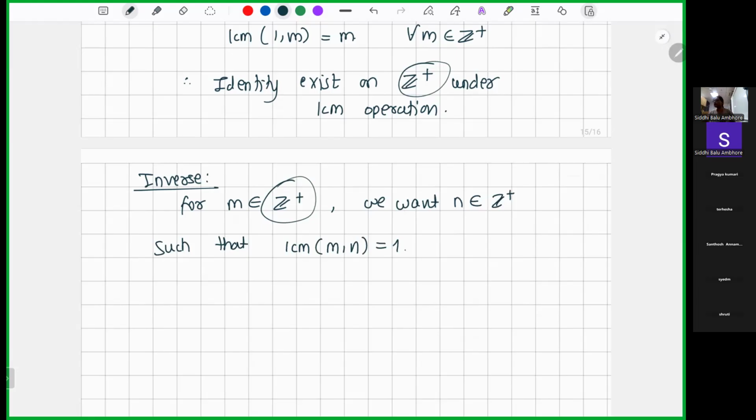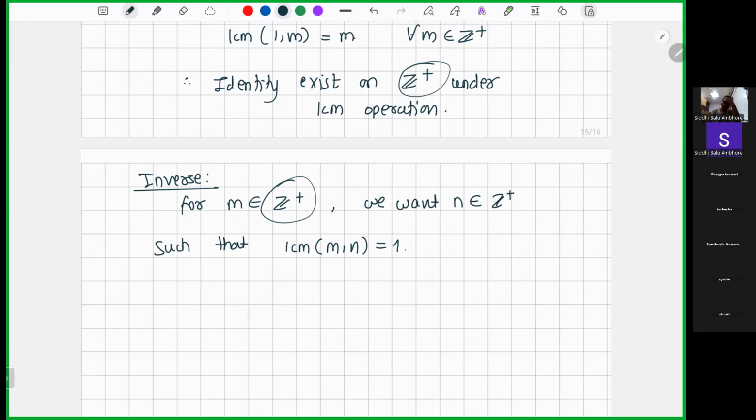Do we have this? Yes, we want n such that LCM of m and n will be 1. So I'm starting with my element m. So I want now n in positive integers such that when I take LCM of m and n, it will be 1. So any guesses for this?